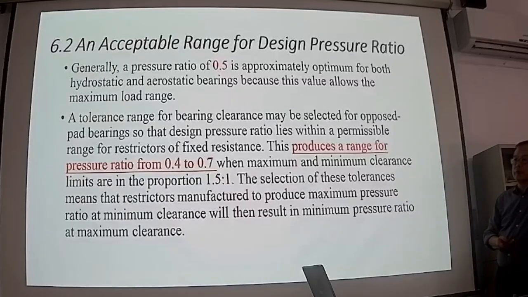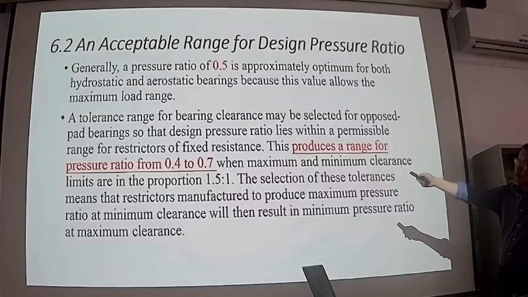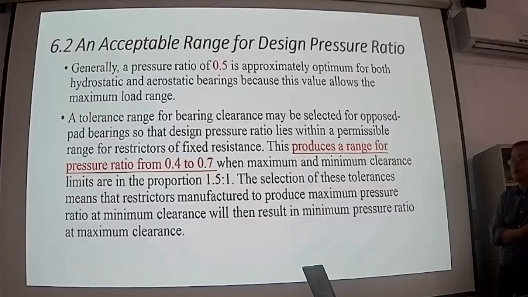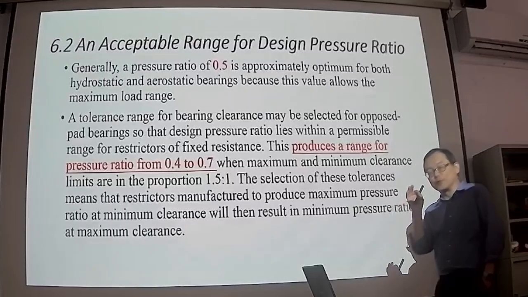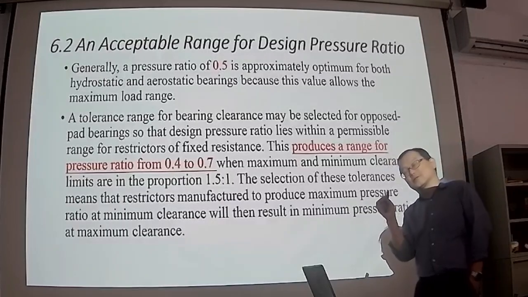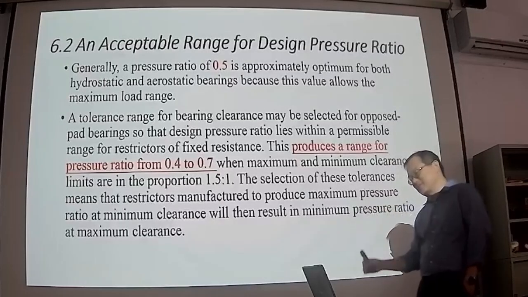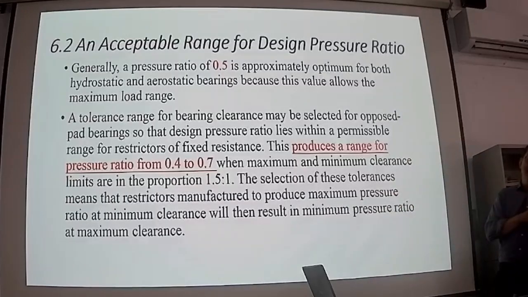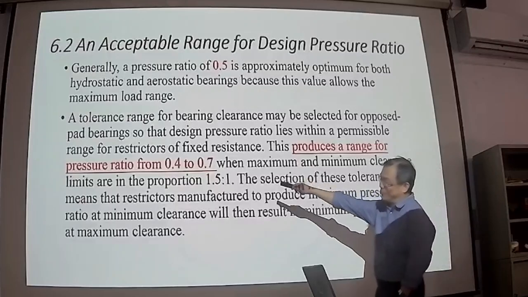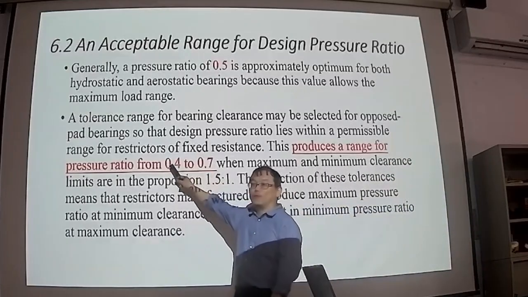So last week we talked about the design pressure ratio. So regularly we select 0.5 as the design pressure ratio. But if you have some problem with your design film thickness, which means that the final film thickness is smaller than your design film thickness, then you should select a smaller one, okay, maybe 0.4.